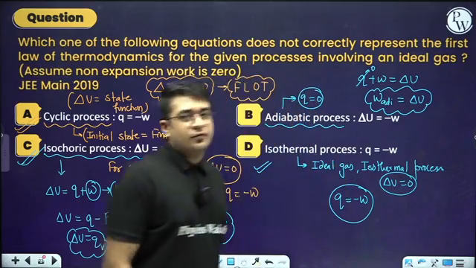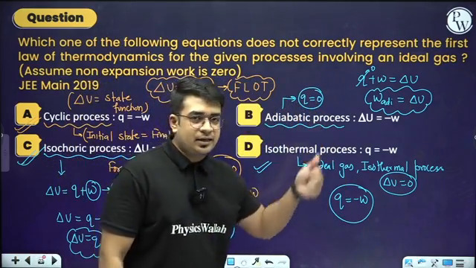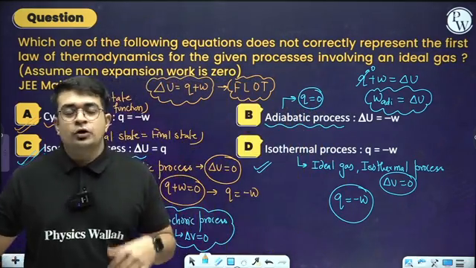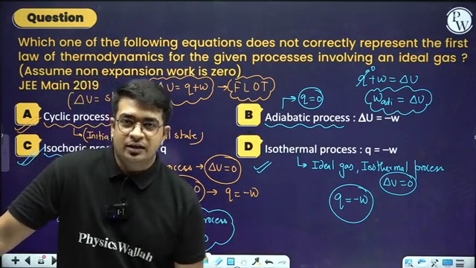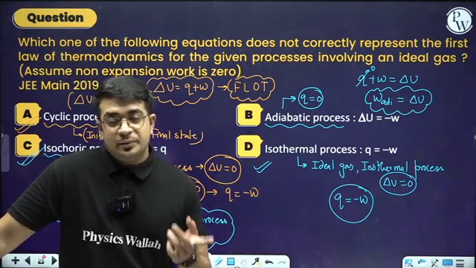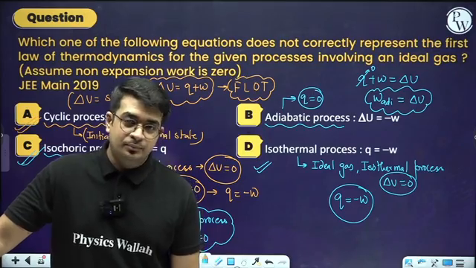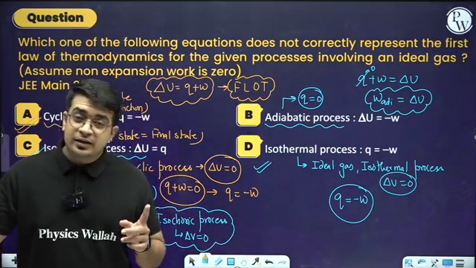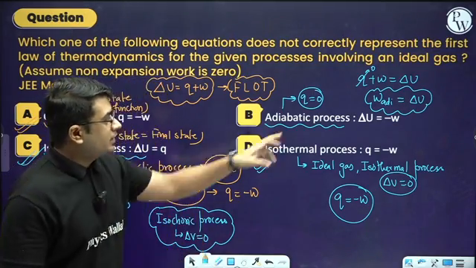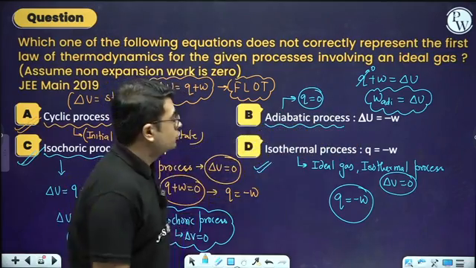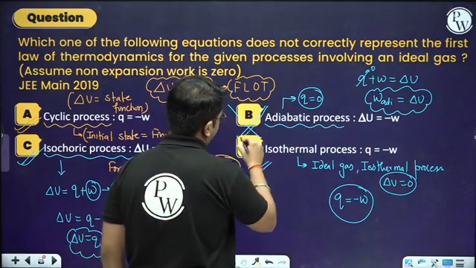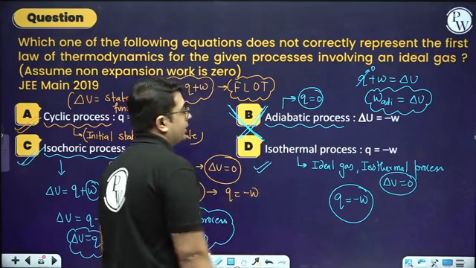In an adiabatic process, if the change in internal energy is positive, it means work is done on the system. If it is negative, then work is done by the system. That is the actual relationship, not this one. So this is the only incorrect part.